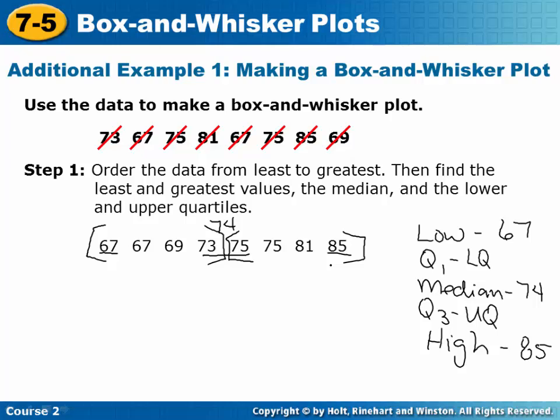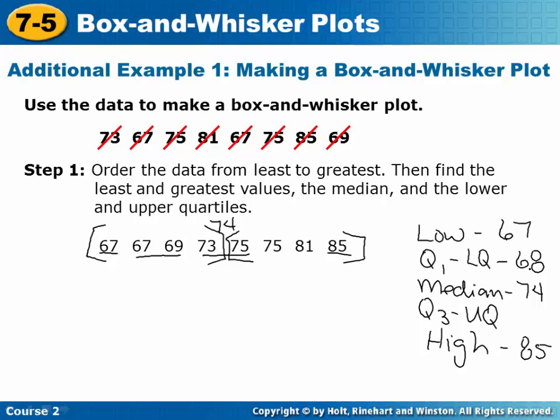Because this wasn't part of it, we use all the numbers. Now what I need to do to find Q1 is find the median of this lower half of data, this lower 50%. So again, we've got 4 numbers here, so I need to find the median of the 2 in the middle. Okay, so 67 and 69, what's our median going to be? 68. That's going to be Q1, or the lower quartile.